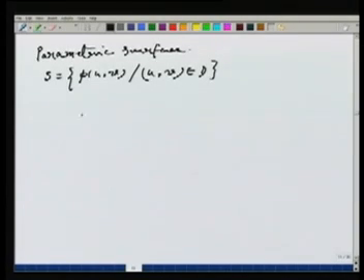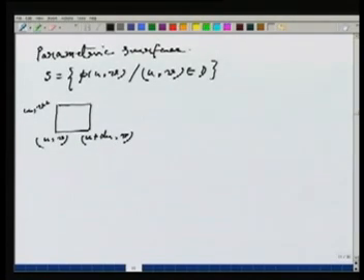Again I start with some infinitesimal rectangles which look like this. The points are uv, u plus du v, then u, v plus dv, then u plus du, v plus dv.